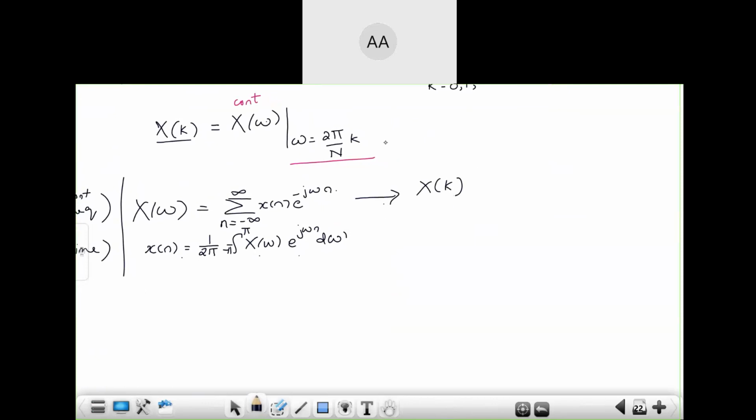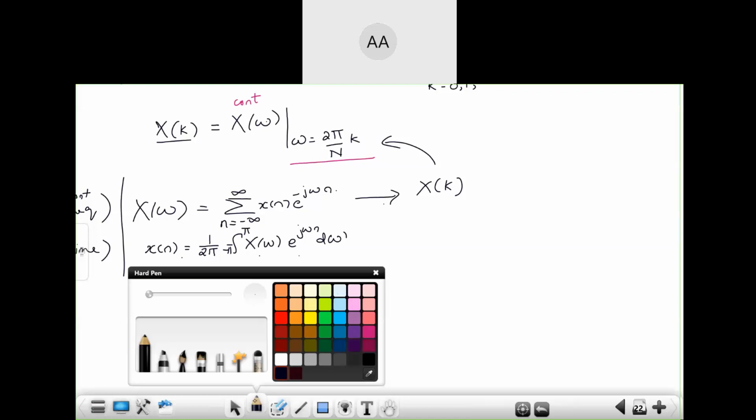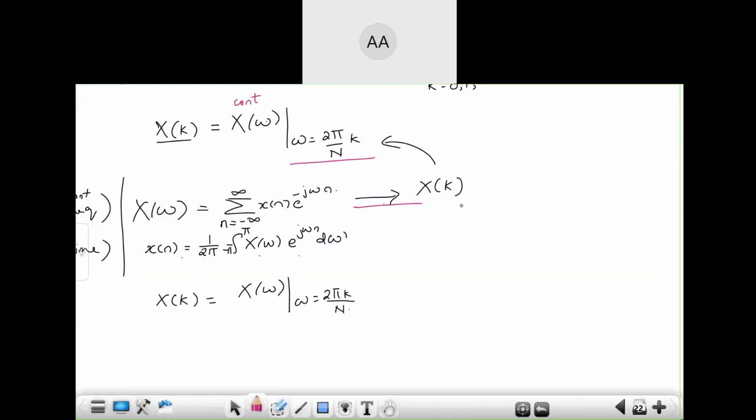You know you have to sample it this way. So let us write x of k is equal to x of omega at omega equal to 2 pi k by n. We are going to write this particular thing in terms of this, substituting this way.